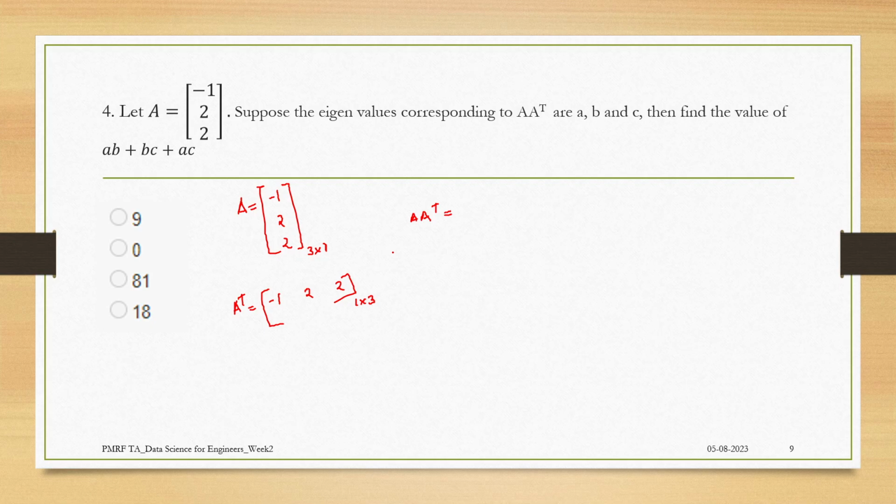And tell me the answer. Okay. So anyway, I am looking in the chat box if anyone has an answer. Okay, 9. What are you giving the answer for? The value of AB plus BC plus AC you are giving?